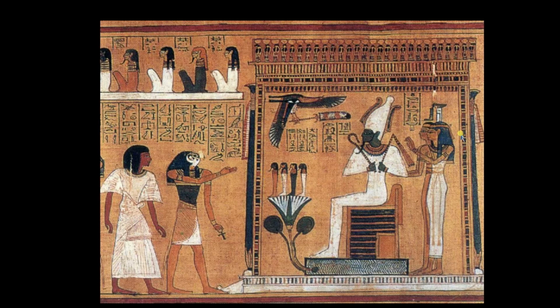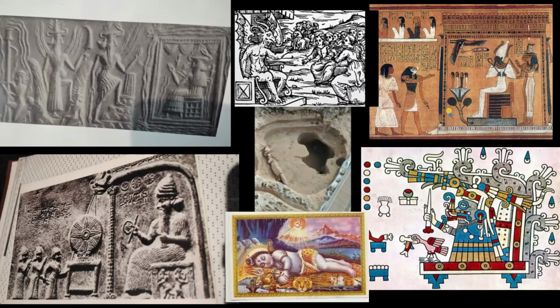Once in this tomb, Osiris is in his secret place, the underworld. We find this across cultures, guys. Here we find Enki in his secret place, Osiris, Tlaloc in his secret place. Here we see, I forgot this guy's name, in his secret place.